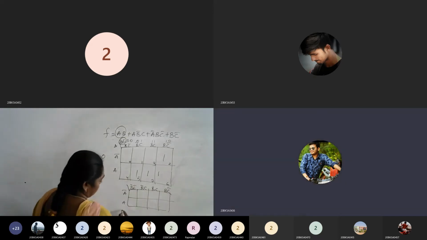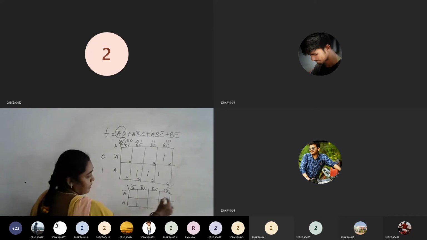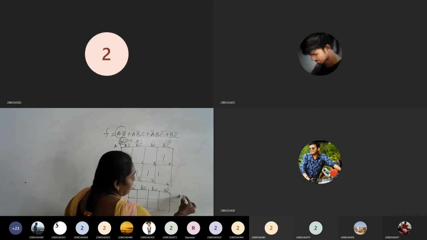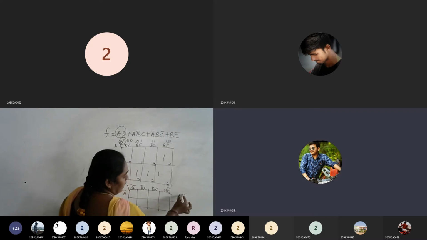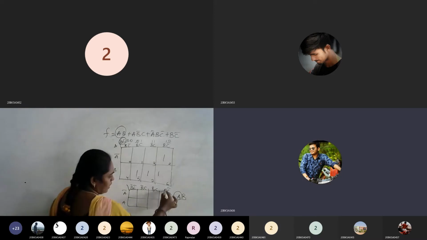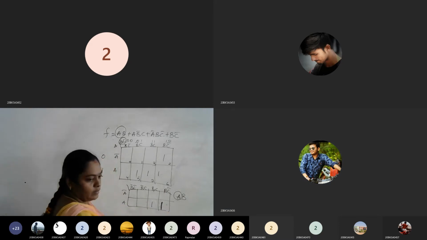Are you able to see what I'm writing over here? A, B. This is A. Yes or no? B: these two are B. So the intersection of A followed by B are these two, that is AB.